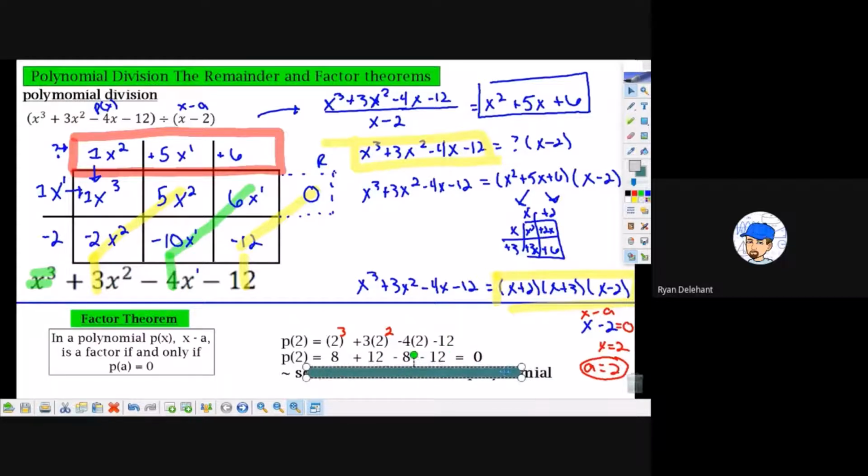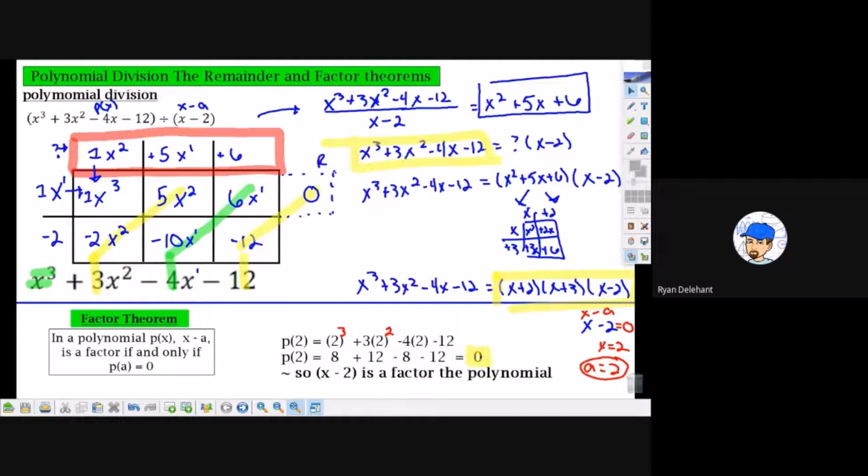Negative 8. And 12. And then if I add all these up, 8 minus 8, 12 minus 12, I get 0. So I plugged in the value and I got 0. What this tells me, though, is that 2 is going to be a factor of this polynomial.